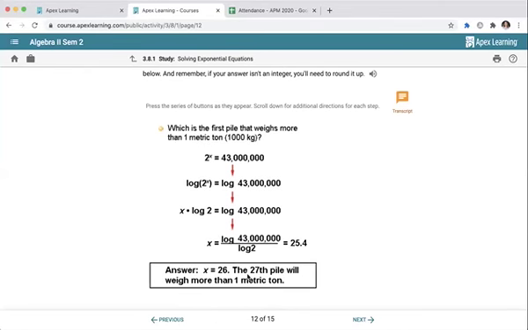And then once we've got our value of 25.4, we round that up, saying the 26th pile, and we now know, again, that we have to add 1 onto our x value in order to get to our new pile.